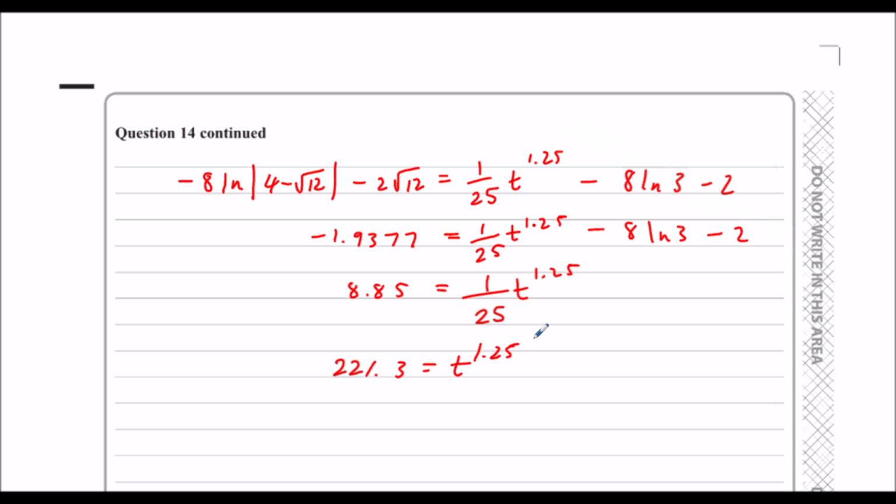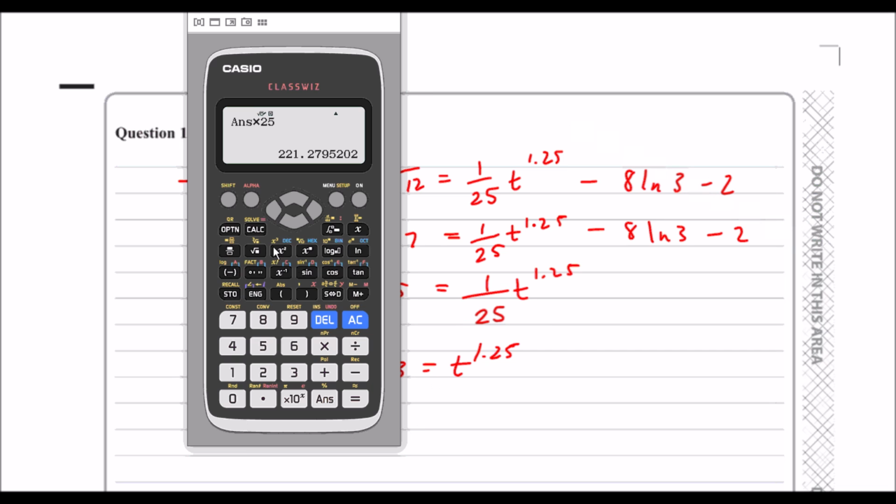Then we need to find the 1.25 root of both sides. So it's our root button.